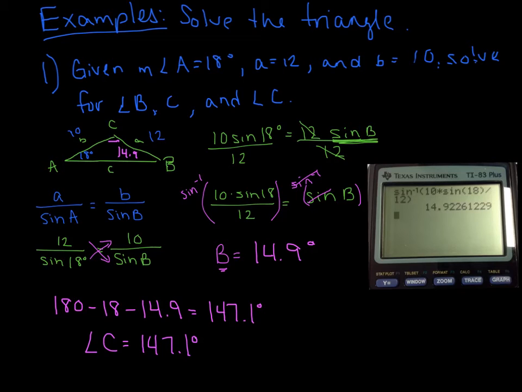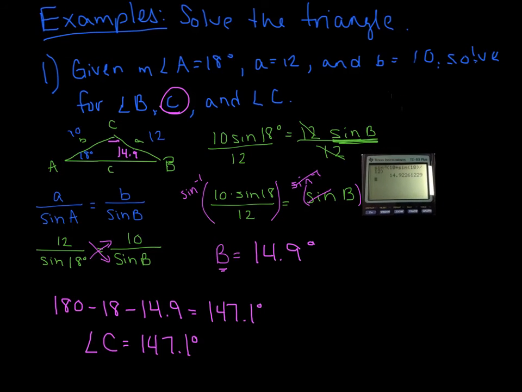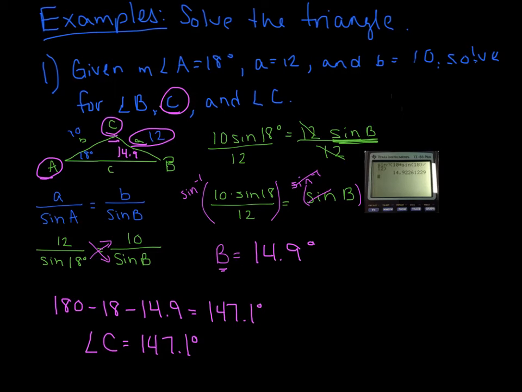So now I can find my side C, the last thing I need to find to solve the whole entire triangle. If I know my two A's were given to me, and now I know angle C, I'm going to use A over sine A equals C over sine C. So again, I'm going to plug in what I know.